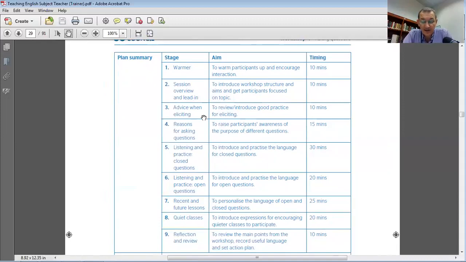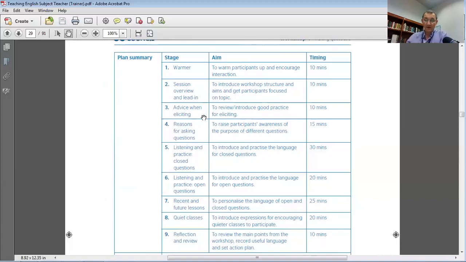Check that participants understand this beforehand. Then they will work in pairs to guess questions which fit the answers that they have. Then listen and check their answers, and then you, the trainer, will check their questions.